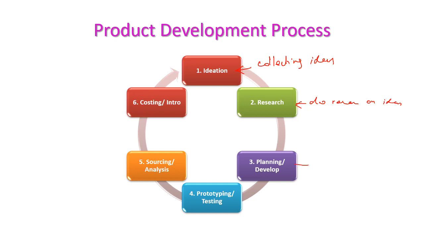And third one is planning and developing this idea, that is we are going to finalize one idea and then we need to plan that new product idea, and we need to develop that particular idea. And prototyping and testing. Here we need to create a model and test that particular model.